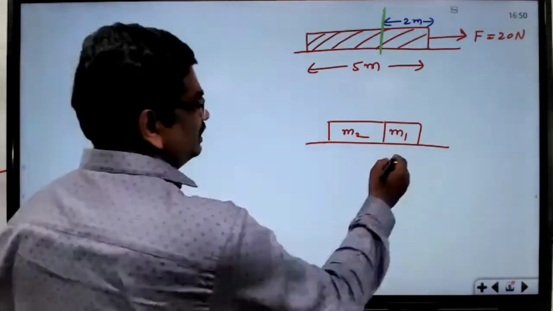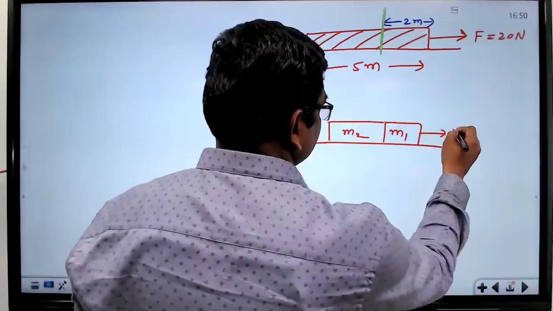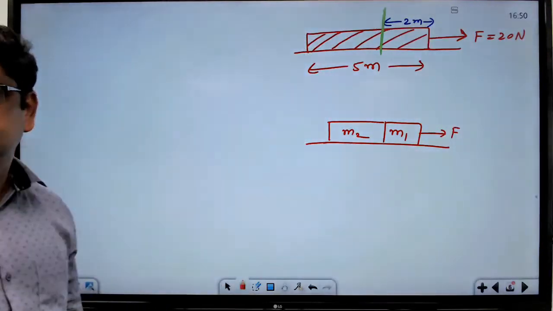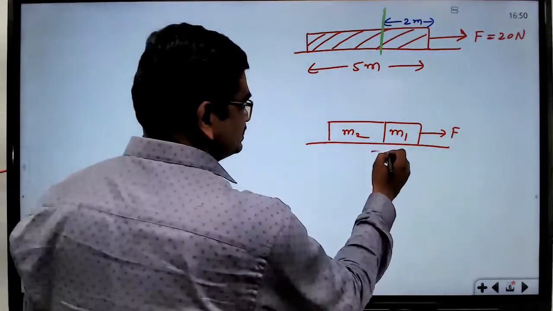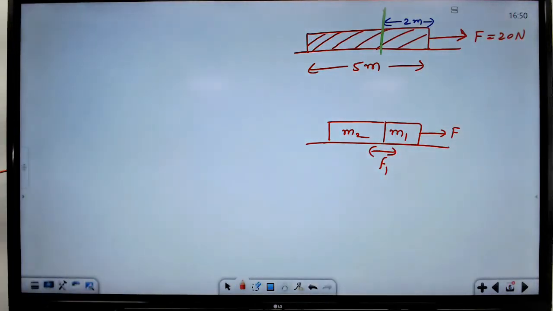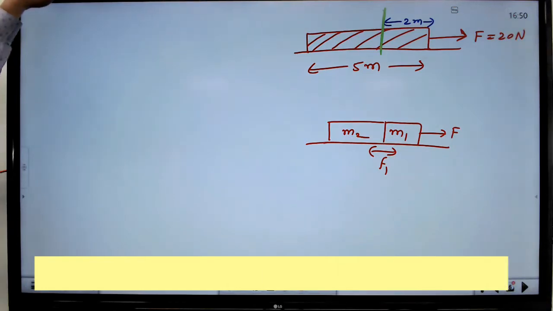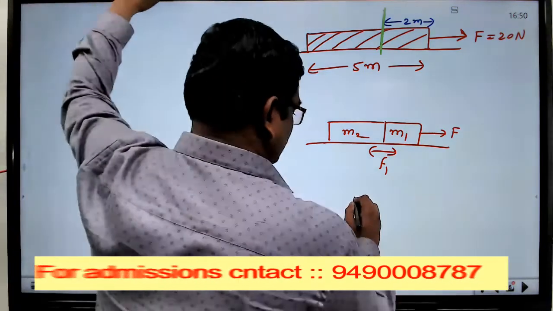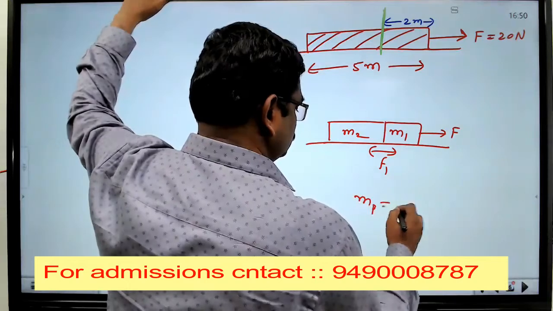So a force F acting on this. I assume that here contact force is let it be F. Now what is the mass M1 value? M1 is 2 meter length. What is the mass of that one? 4 kg. M2 is 6 kg.